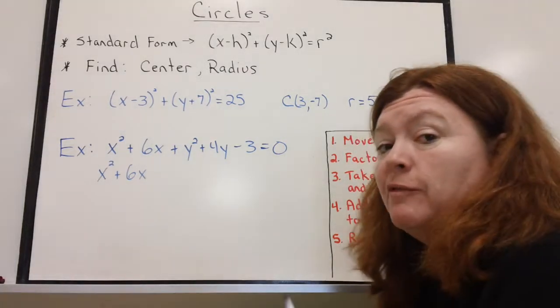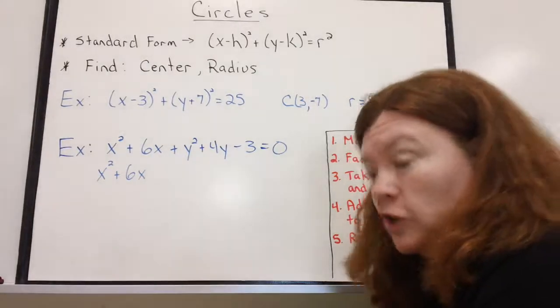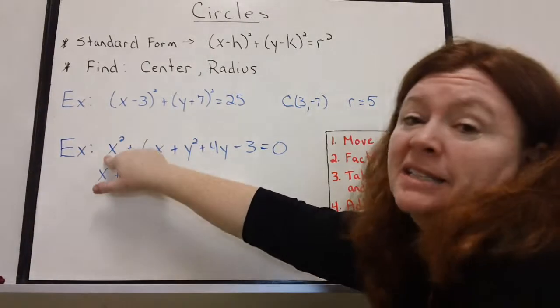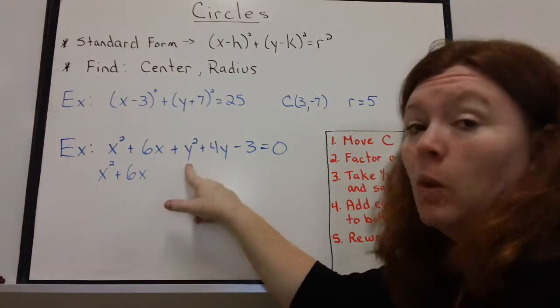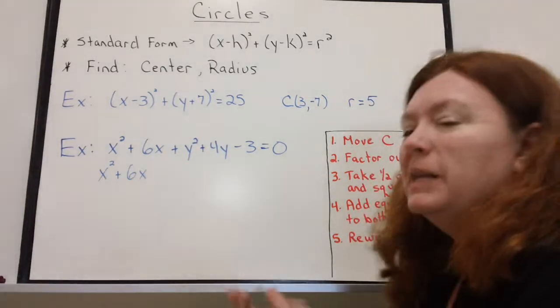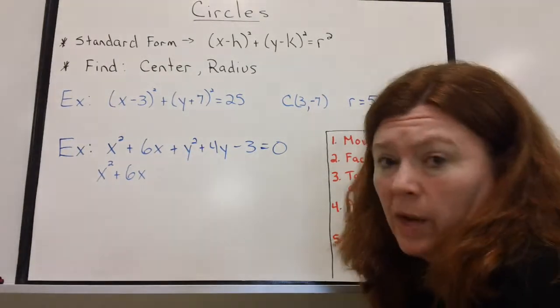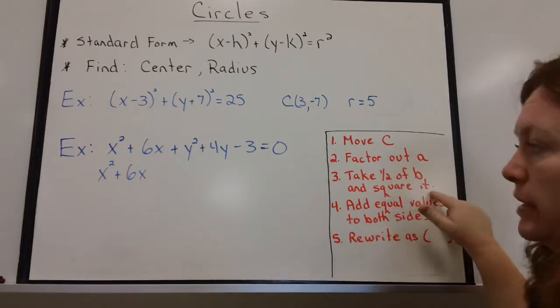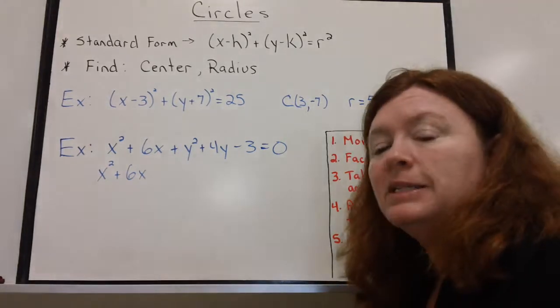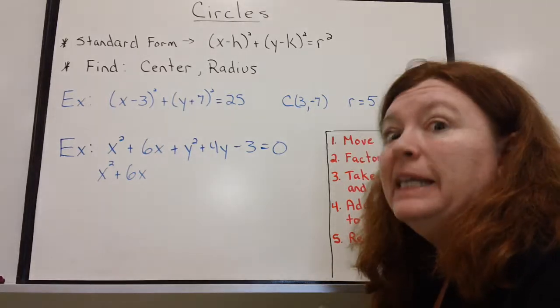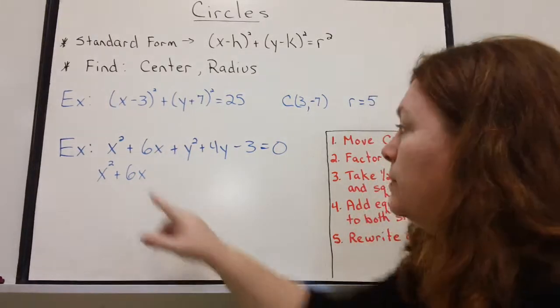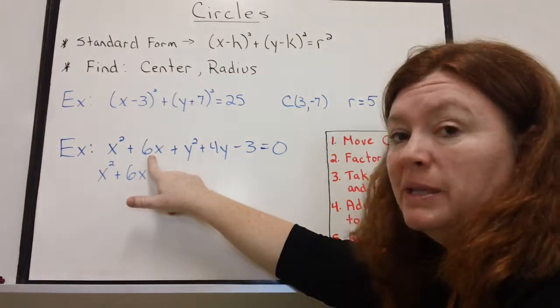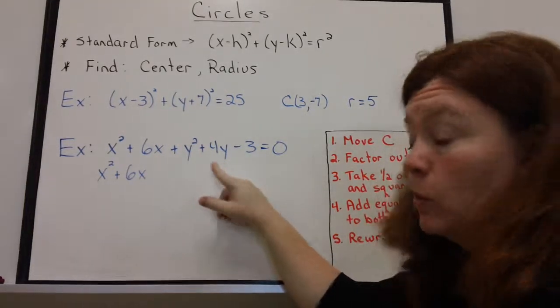A is the number in front of the squared term. In this particular case, A is 1. For the y, A is 1, so I really don't need to factor out a 1. Take half of B and square it. B is always the number in front of the linear term, the x to the first power. So this B would be 6, and this B would be 4.